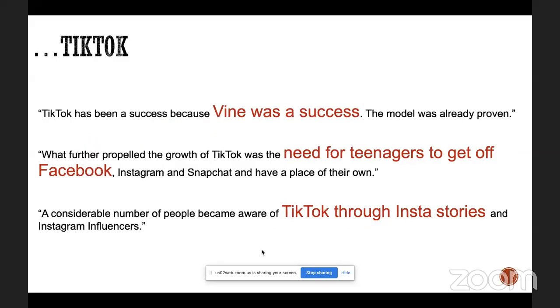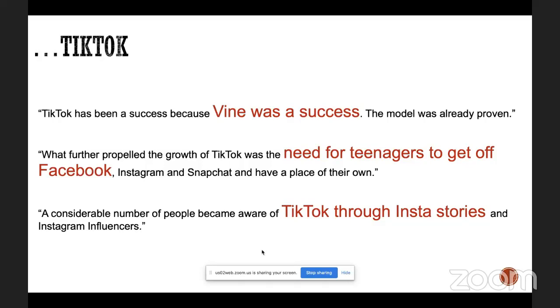The other interesting take here was that there was a proven model. Vine was a product which was available earlier. It was a success. I don't really know why it was not continued for long, but TikTok was based on a very similar model, and therefore it was proven. The other insight is that it was solving a need for teenagers to get off existing platforms and do something of their own, right?